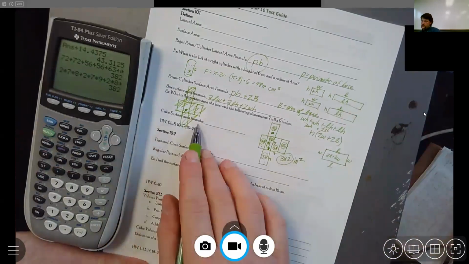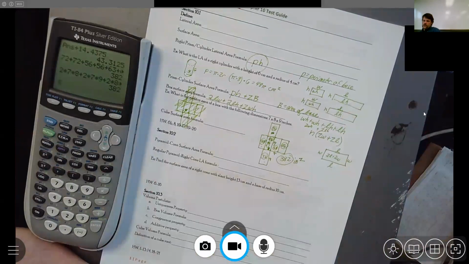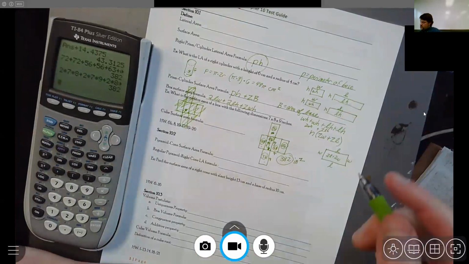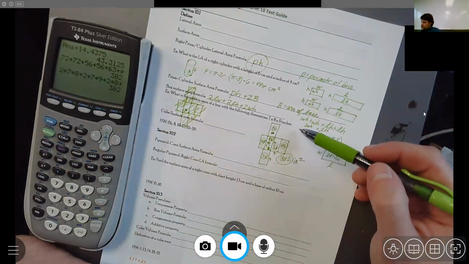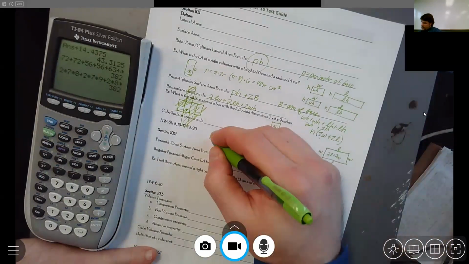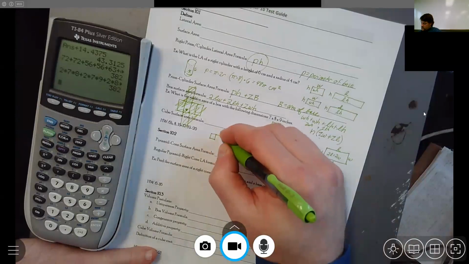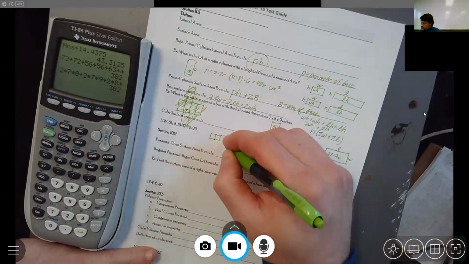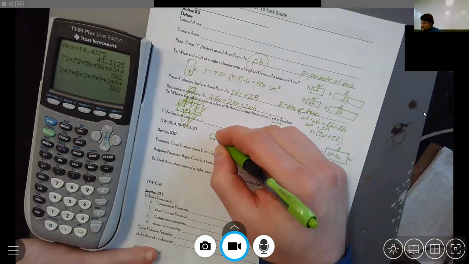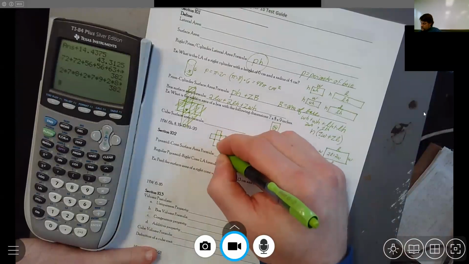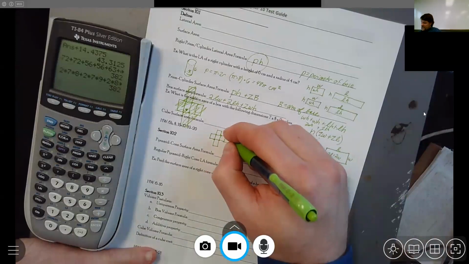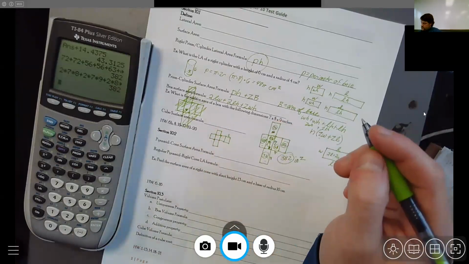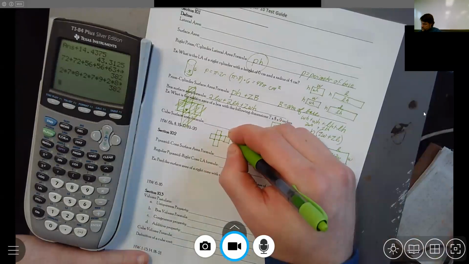And then the cube surface area formula. In a cube, remember the length, width, and height are all going to be the same. So thinking of a net of a cube, and obviously there are subtle variations to how you can draw a net. If your side of your cube is S, maybe I'll write it in cursive so it doesn't look like a 5.